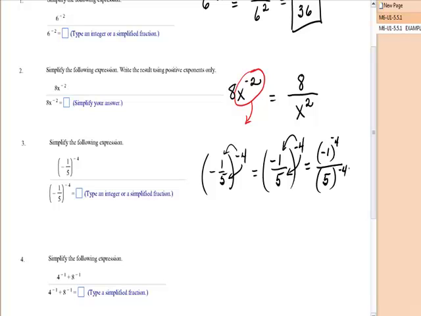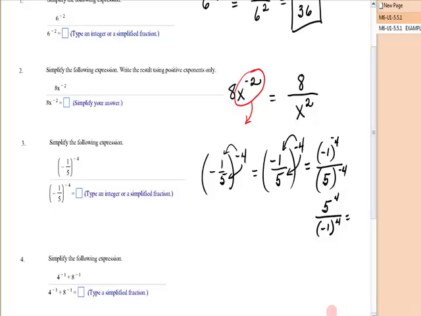Well, each of them say, move me. That means the 5 is going on top to the positive 4th. The negative 1 is going on bottom to the positive 4th. The 1 didn't change its sign, just the exponent did. Now raise those. 5 to the 4th is, I think, 625, but let's see. Yes.